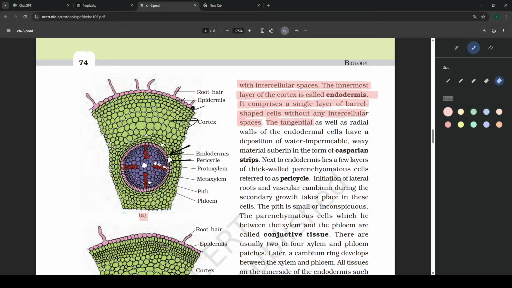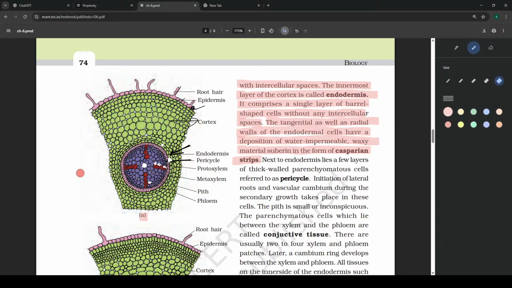The tangential as well as radial walls of the endodermal cells have a deposition of water-impermeable waxy material suberin in the form of Casparian strips. Basically, the walls of the endodermal cells, which are cylindrical in shape, have a deposition of waxy material called suberin, and this is in the form of Casparian strips.